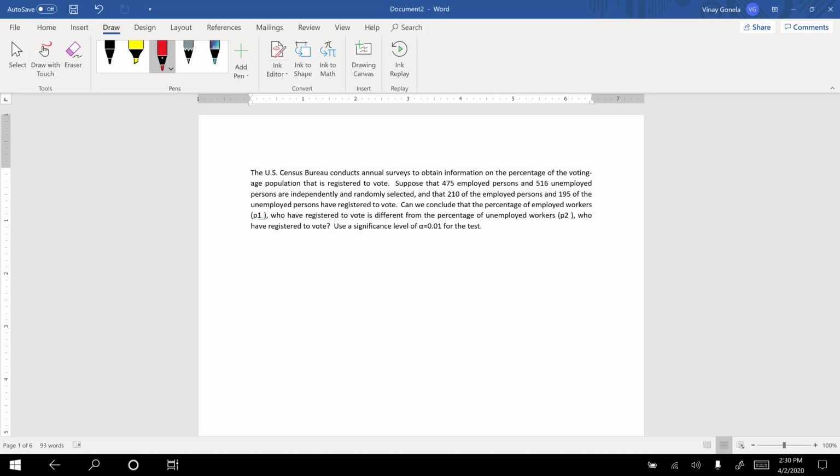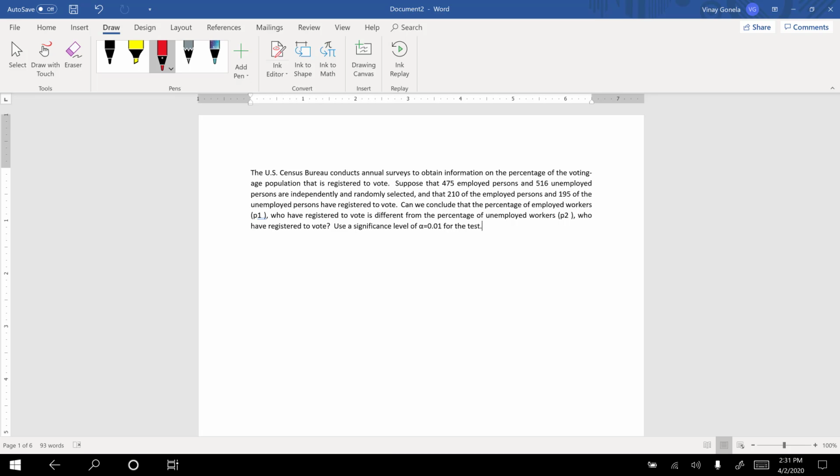Suppose that 475 employed persons and 516 unemployed persons are independently and randomly selected, and that 210 of the employed persons and 195 of the unemployed persons have registered to vote. Can we conclude that the percentage of employed workers who have registered to vote is different from the percentage of unemployed workers who have registered to vote? Use a significance level of alpha equal to 0.01 for the test.